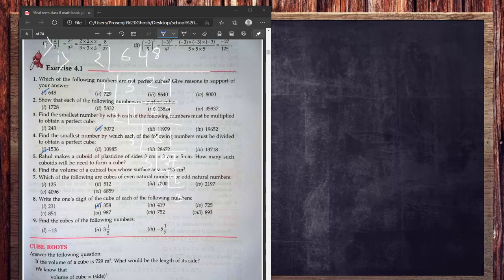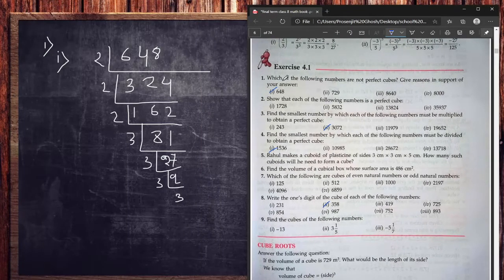So in the first part, you can see that 1648. We have to check whether it's a perfect cube or not. That means instead of finding a pair, now we have to find the same number 3 times. You can check it over here that 2, 2 and 2. There are 3 2's already, so that is a cube, 2 cube, yes.